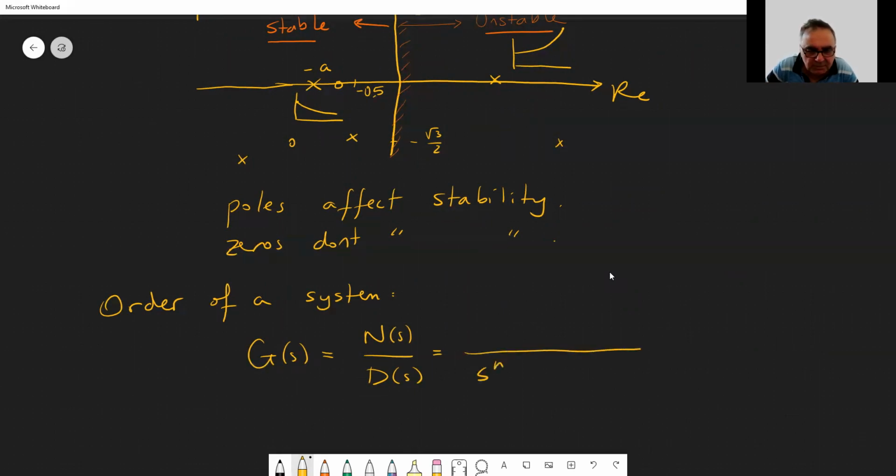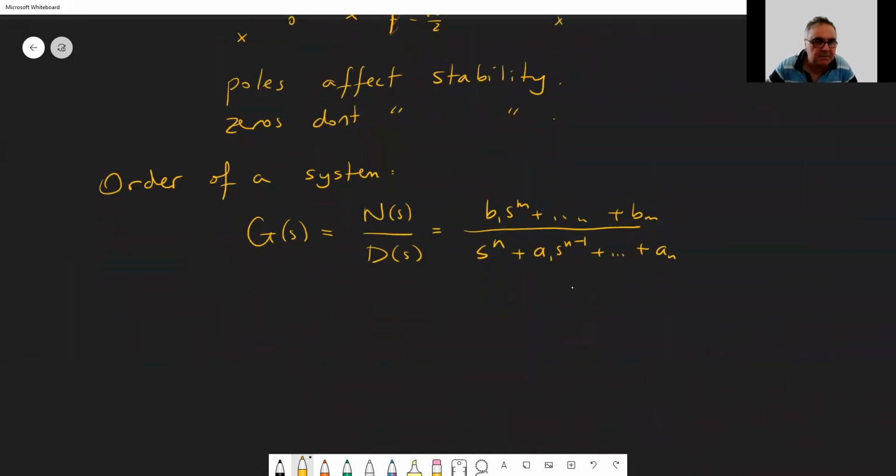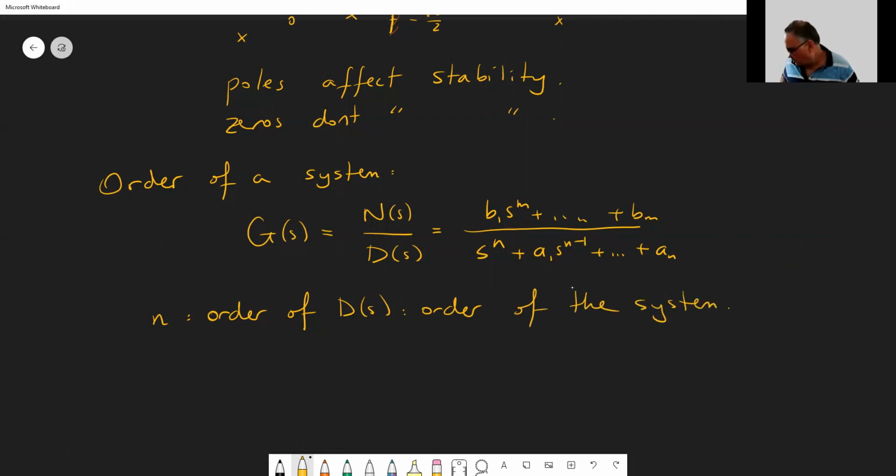You have S to the N plus A1 S to the N minus 1, etc. And then B1 S to the M, etc. N is the order of D of S, which is the order of the system.